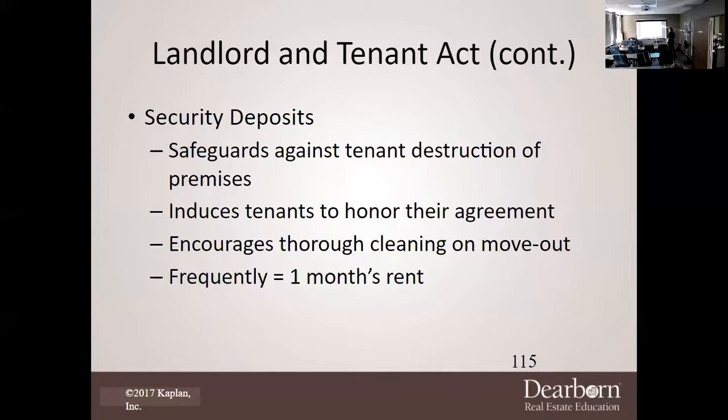Okay? And so it safeguards against the tenant's destruction of the premises. It also induces the tenant to honor their agreement, and it encourages thorough cleaning on move-out. And it frequently is going to be 1 month's rent. So when Miss Linda wants to move into the property, she would have paid her application fee and deposit.